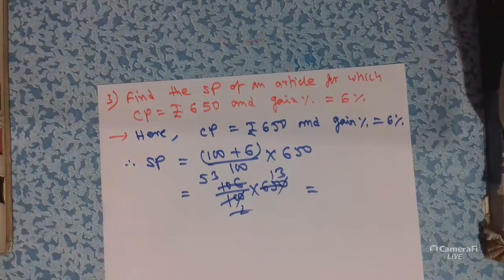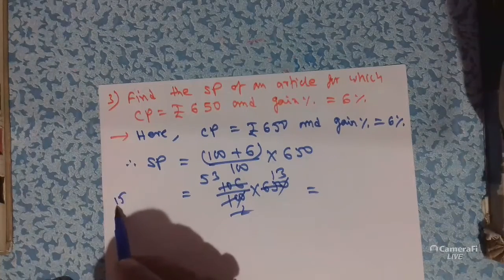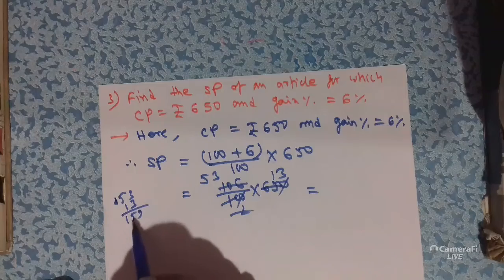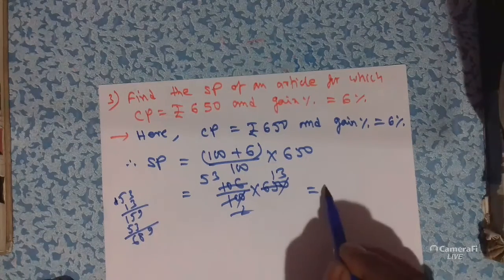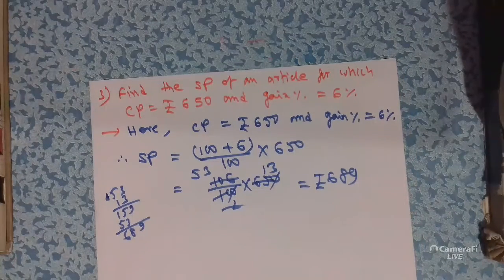So selling price is, now we have to multiply 53 with 13, so it will be rupees 689. So 689 is the correct answer, students. So I hope you understood what is the actual process or what formula we should use to find selling price when cost price and gain percent are given.